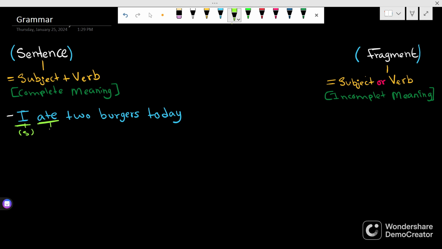So ate is the verb. Both the subject and verb are present. Hence, this is a complete sentence. It expresses a complete meaning because I is the subject. It performed the action ate. Ate what? 2 burgers.